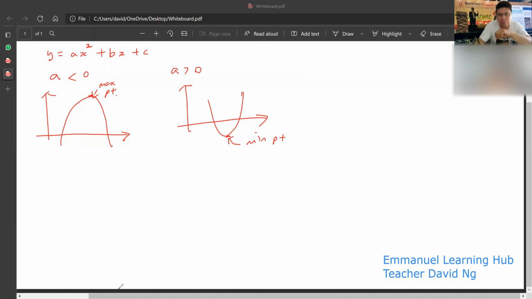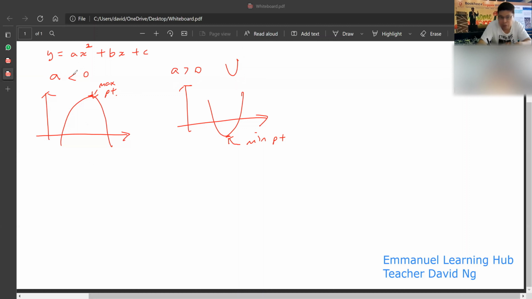Okay, let's say you don't remember whether a positive is U shape or N shape. Don't worry. There's a trick to remember it. If a is positive, greater than 0, because you are positive, you smile. This is a smiley face.